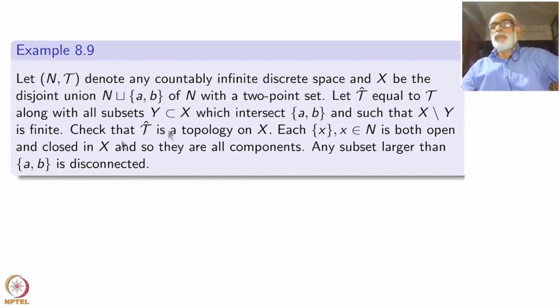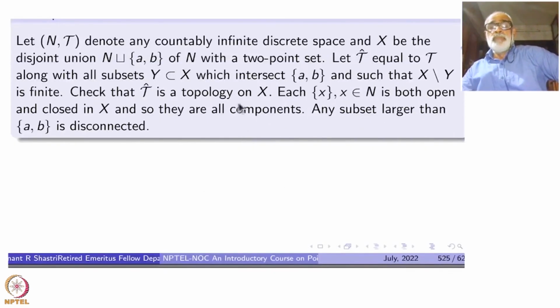So that is similar to the cofinite topology. Therefore, this is not a T1 space. So this A and B are there just to make it a non-T1 space. But this is a totally disconnected space. That is the reason we don't want to study such anomalous examples. That is why we are putting assumed T1-ness right in the beginning.